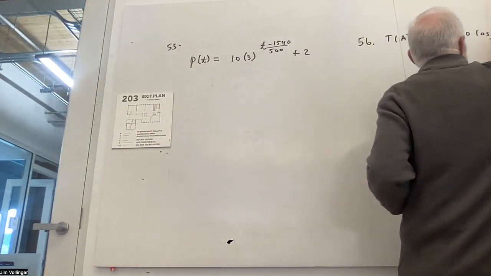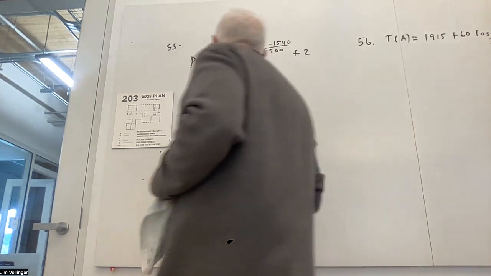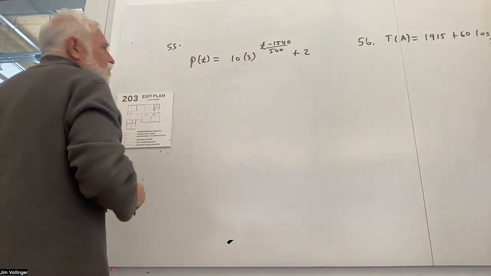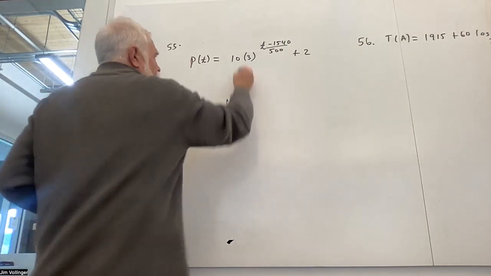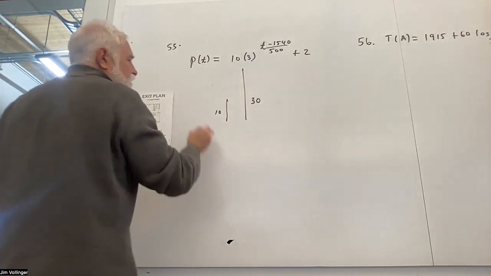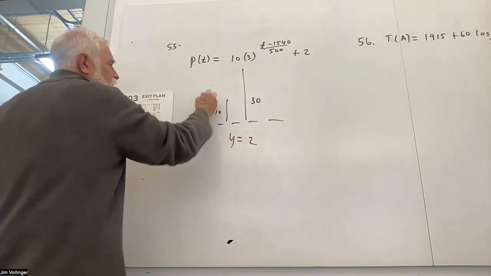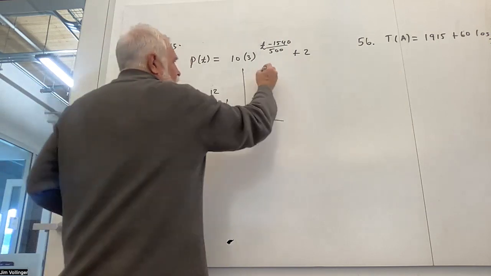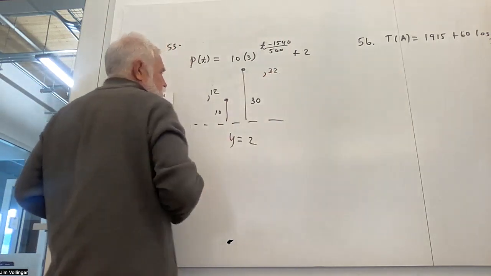So I'm going to put this as an A. That's a little different perspective. All right, so what do we have? We got a jump of 10, and we got a jump of 30, and that's on top of 2. Which means my y value is going to be 12, and my y value is going to be 32, if I pick the right numbers.